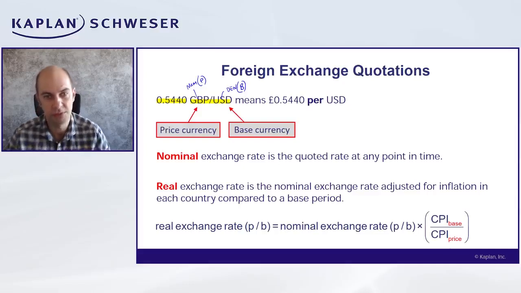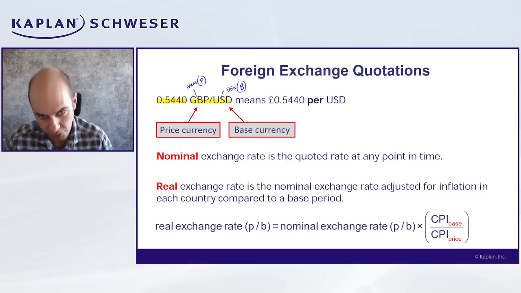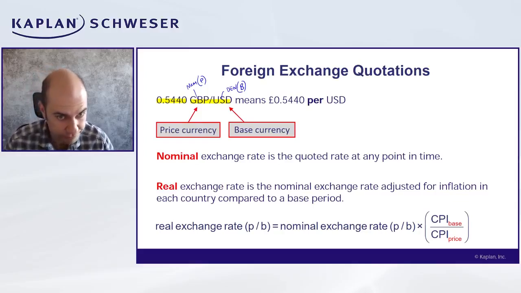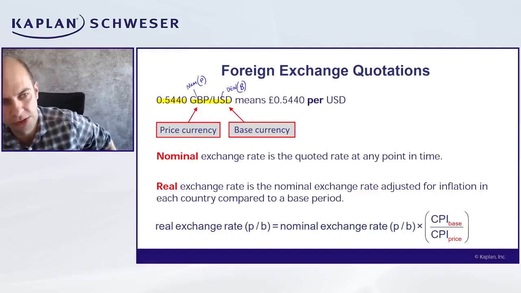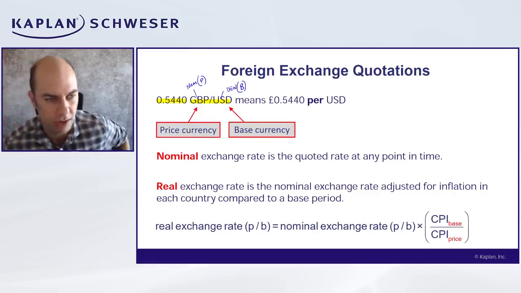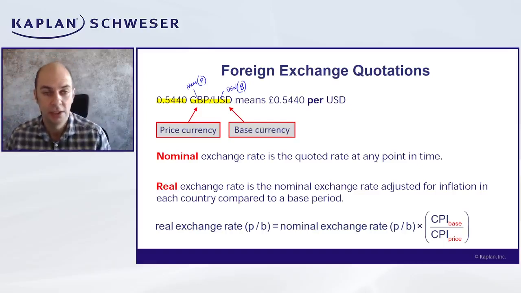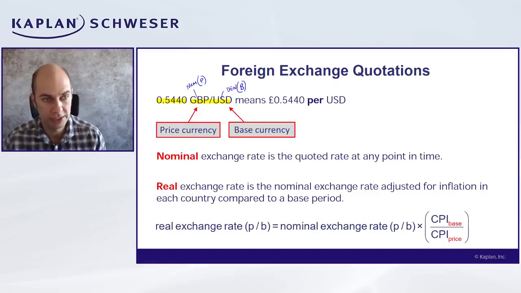So in this case, we're saying that 1 unit of the denominator, the base currency, $1, will buy me 0.5440 pounds, just over 54 pence. So just remember GBP/USD: the pound is our numerator, the dollar is our denominator, and we are quoting to 4 decimal places.